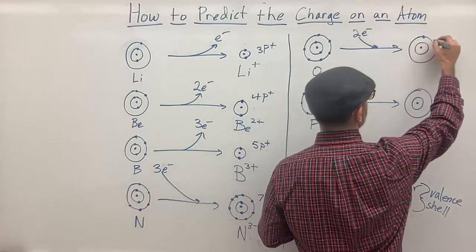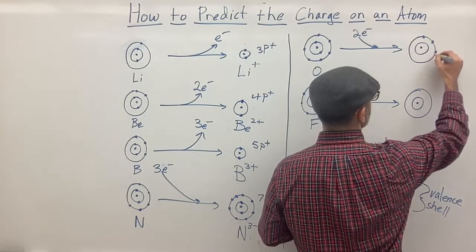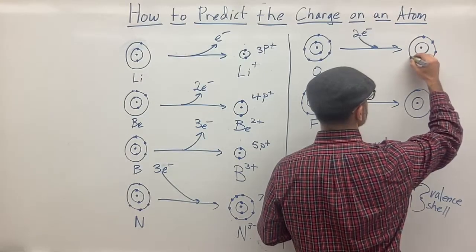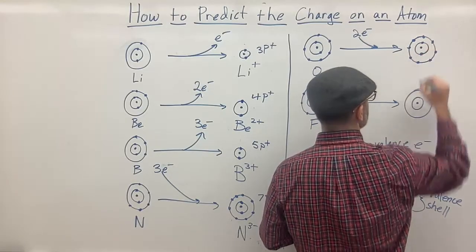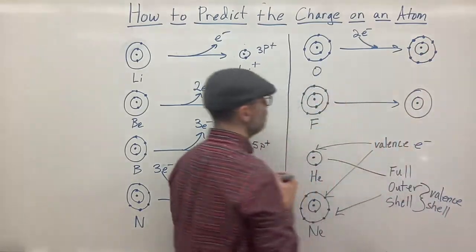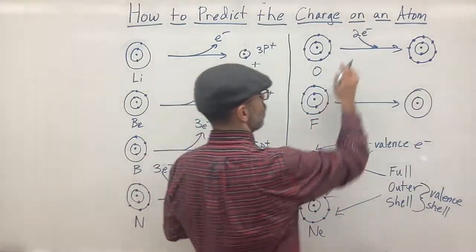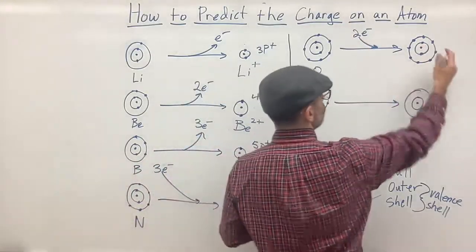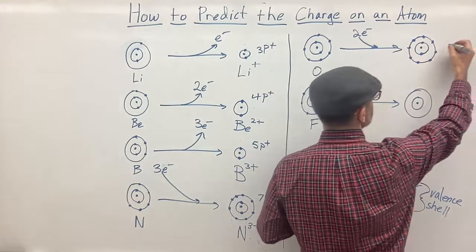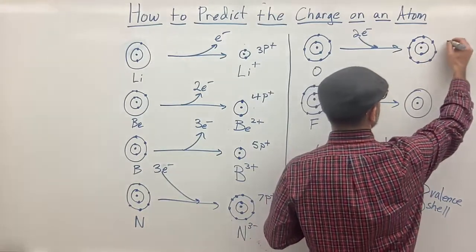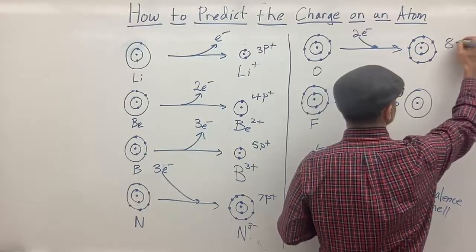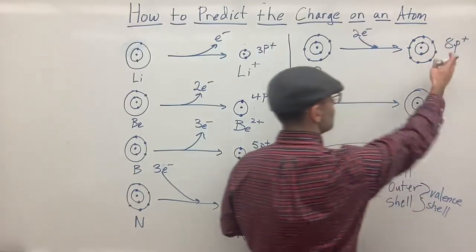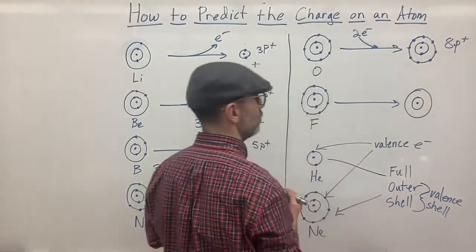And you now have an outer shell of 1, 2, 3, 4, 5, 6, 7, 8, and there's 2 on the inner shell here. And so gaining those 2 electrons, we know that because this is on the periodic table, it has 8 protons because its atomic number is 8.